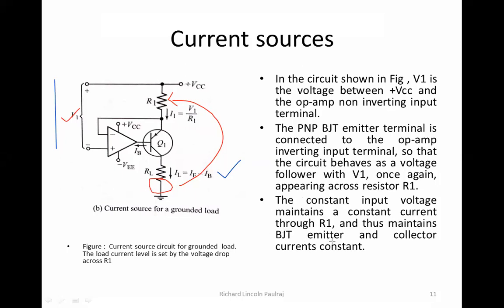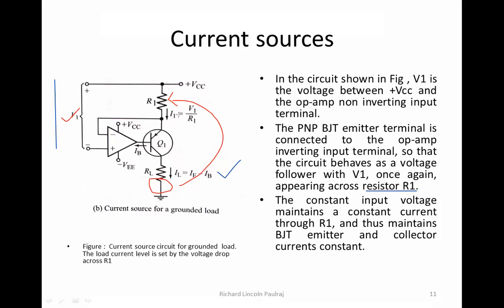Now, this R1 is actually playing a very important role in controlling the values of currents and making sure that these levels are constant. So R1 is very important here. The constant input voltage maintains the BJT emitter and collector current constant.